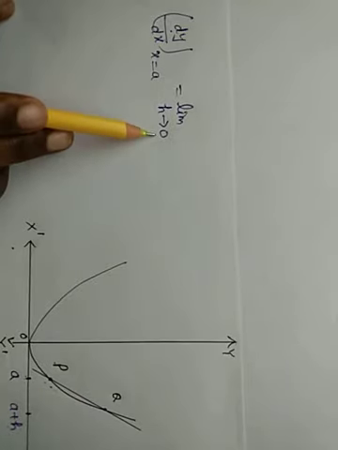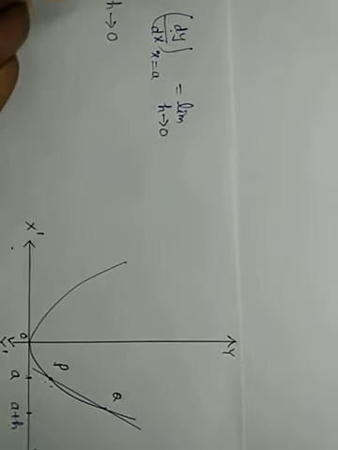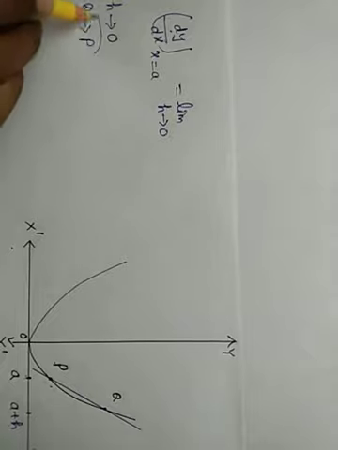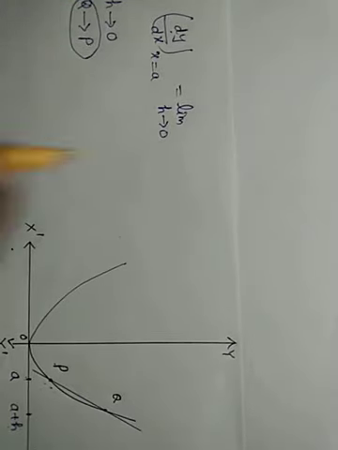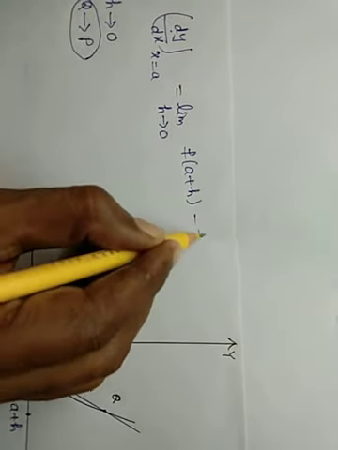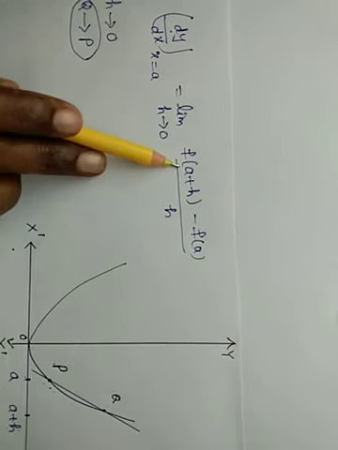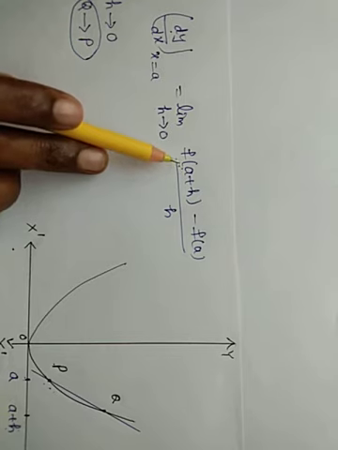When h is approaching 0, that means you can say that point q is approaching point p, and you will write here f of a plus h minus f of a upon h. This particular point, x equal to a, we have taken. In the previous example we had taken x equal to minus 2 and 2.